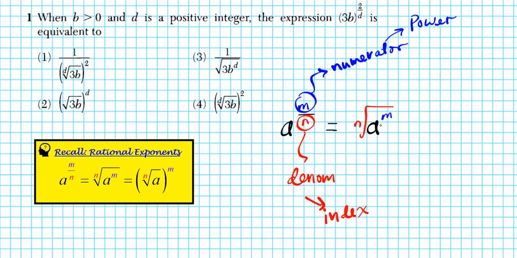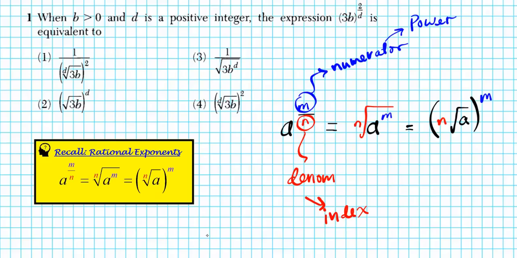Or you can write it as the nth root of a, the entire thing raised to the mth power. All you have to remember is that the power stays a power, but the denominator of the rational exponent becomes the index of your radical.